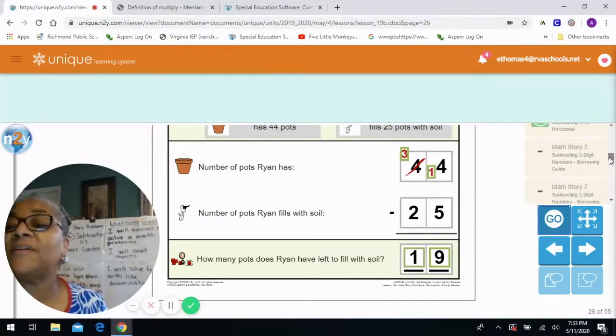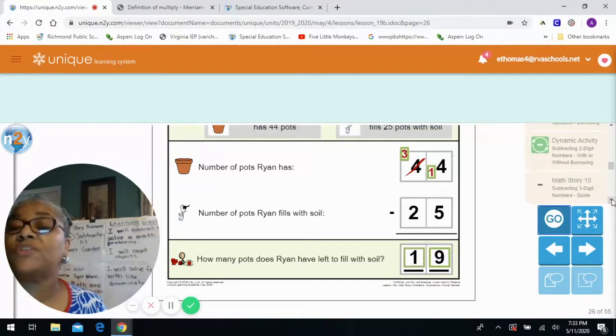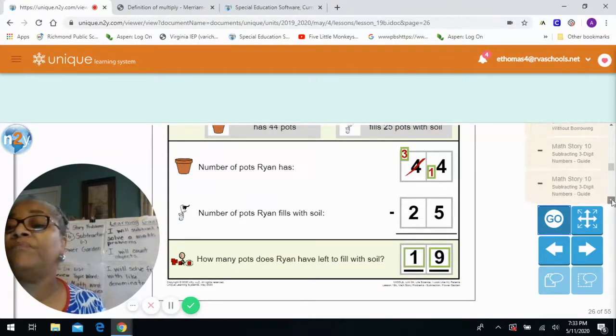All right. Okay, let's keep going. Now that's what you do for all of the borrowing, all of the numbers, no matter how big the number is. You start with the ones and you work your way over.